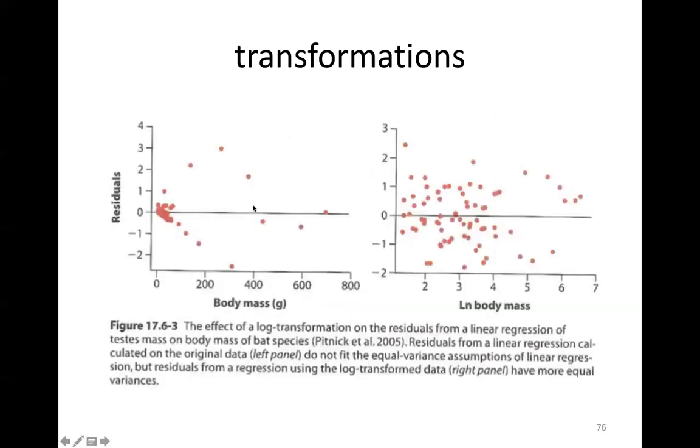Another case, body mass versus testis mass. Earlier, in correlation, we had studied this relationship between brain and body mass. The mass of many organs is correlated with body mass.